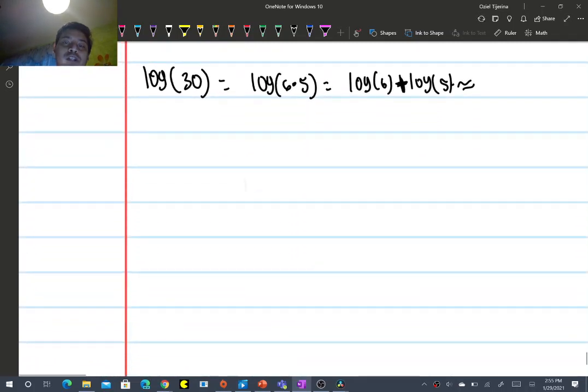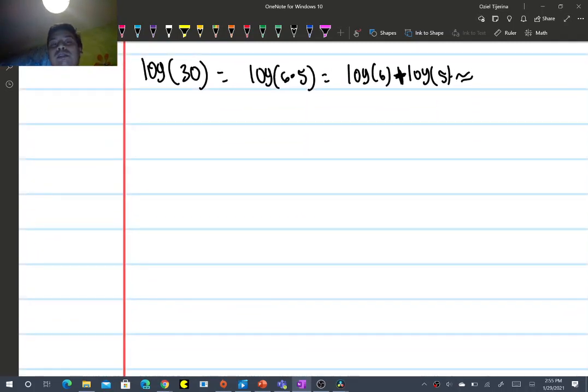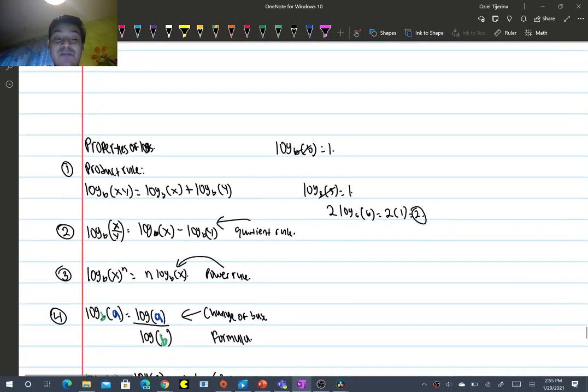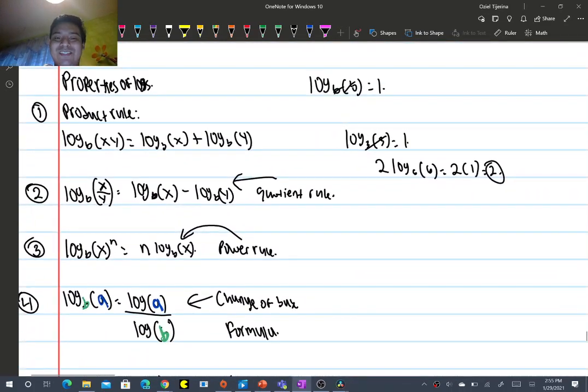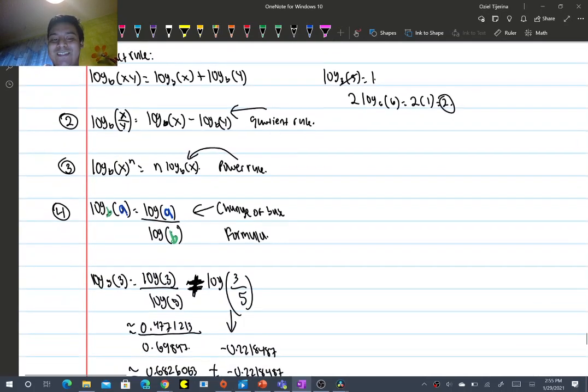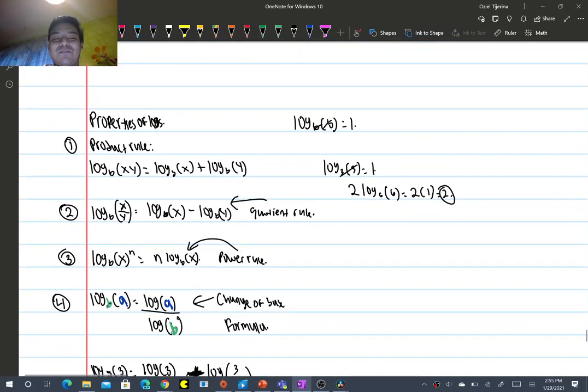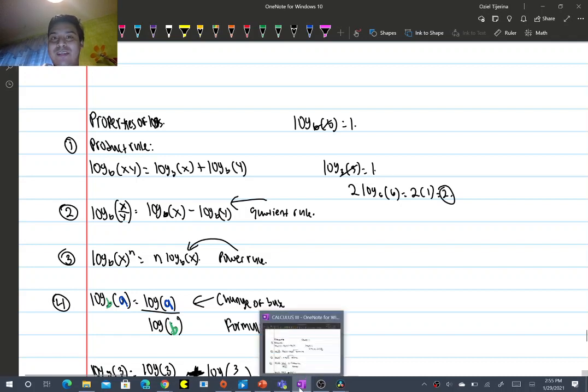Once we get into logarithmic equations, I will explain more of how to use these properties. But this was just an introduction of what the properties are and an example. If you guys have any questions, please let me know.